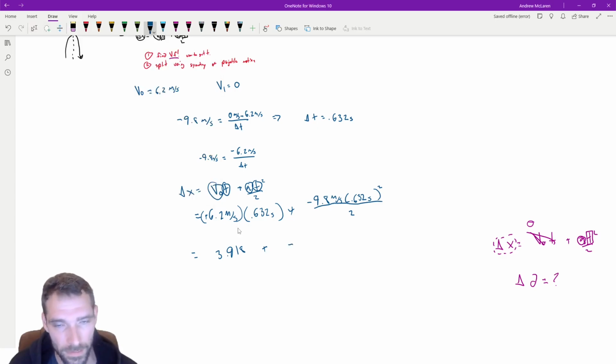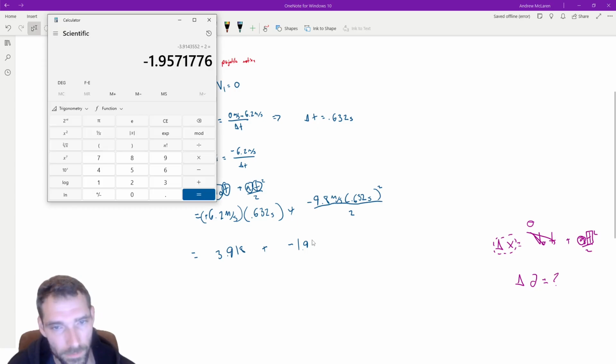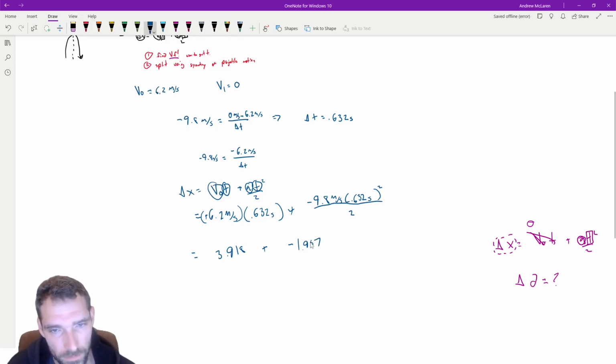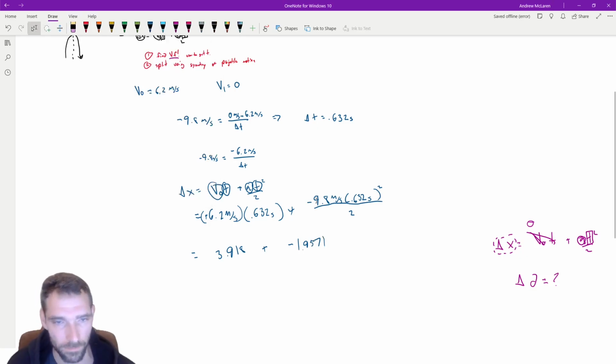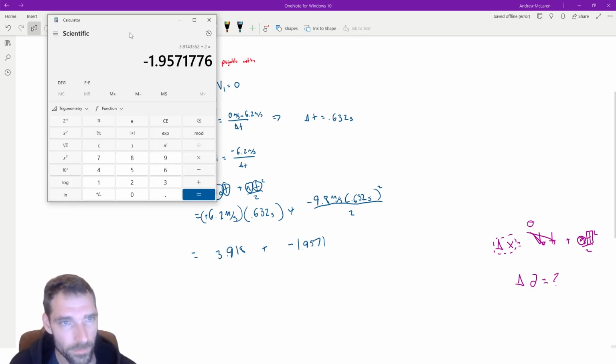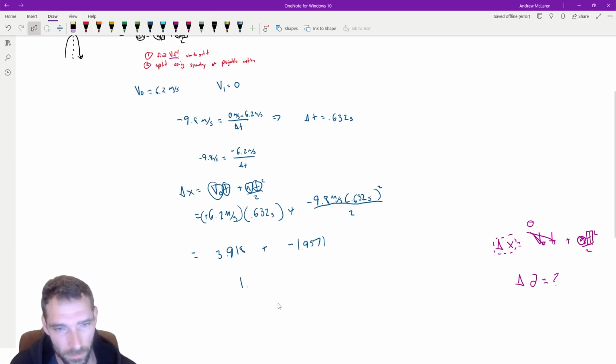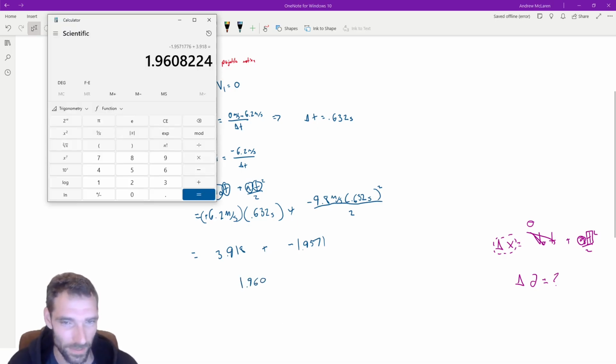And this is going to be a negative 1.957. Okay, so we add those two numbers up with a few extra sig figs just to be careful. And we're getting 1.960. Those worked out to being very close.